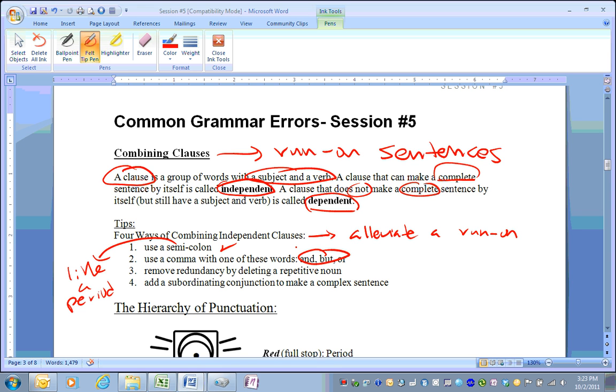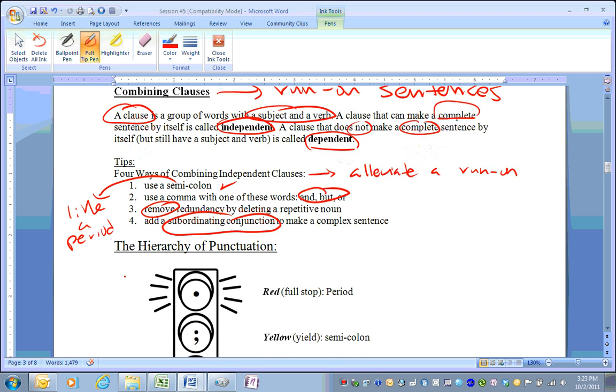Using these words can help. Removing words, sometimes less is more, that can help. Or adding a subordinating conjunction, which we'll talk about in a couple minutes. So those are ways you can fix a run-on.